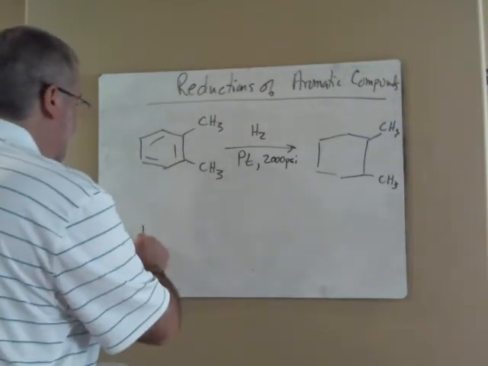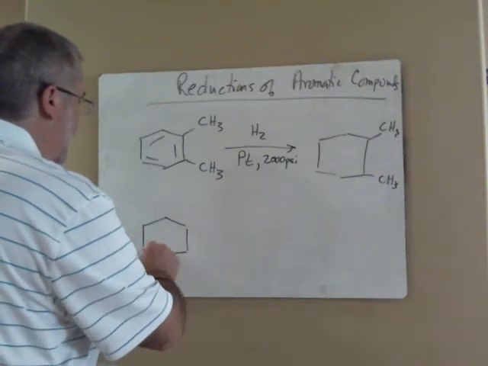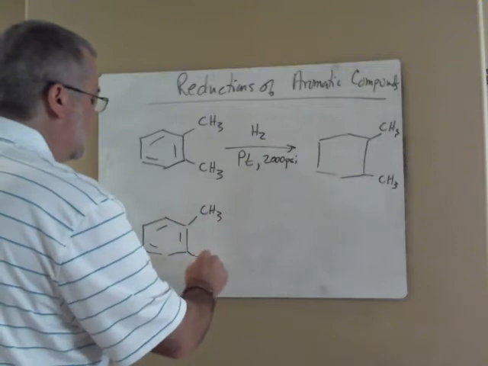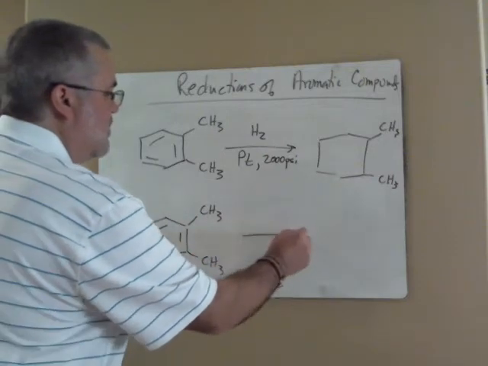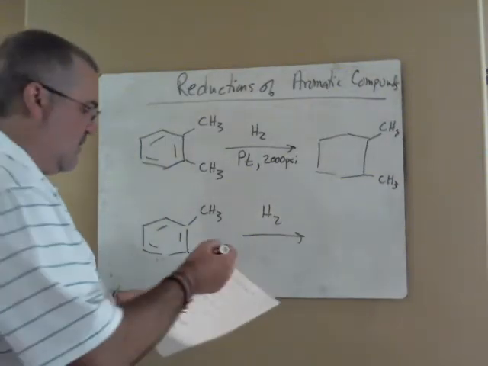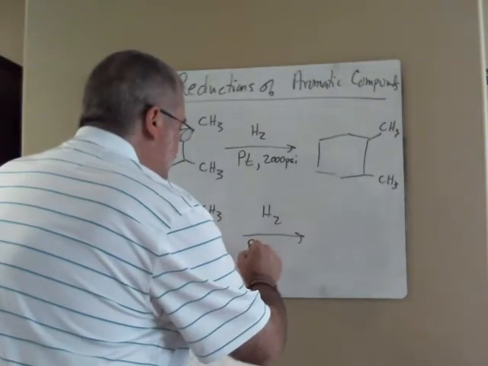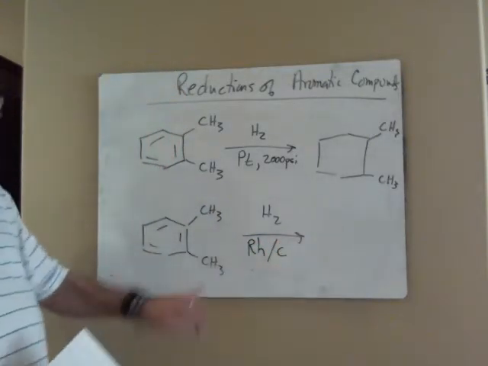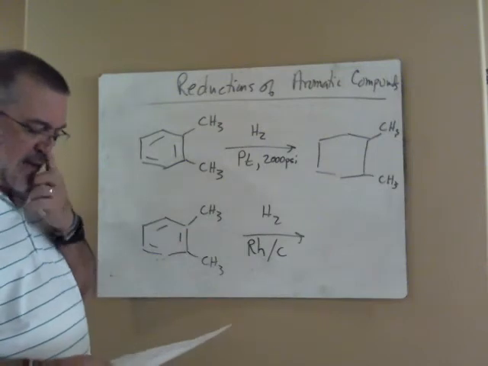And I'm going to use the same example. So if it's not using the same catalyst at harsher conditions, what's the only other thing you could change? It's going to require hydrogen gas, but let's use a different catalyst. Let's use rhodium absorbed on carbon. So rhodium as a catalyst.